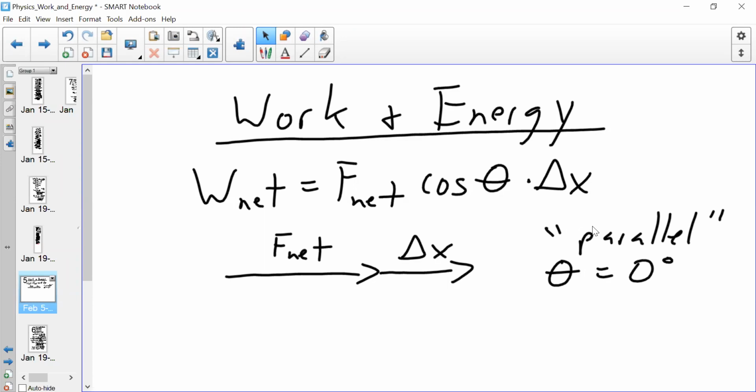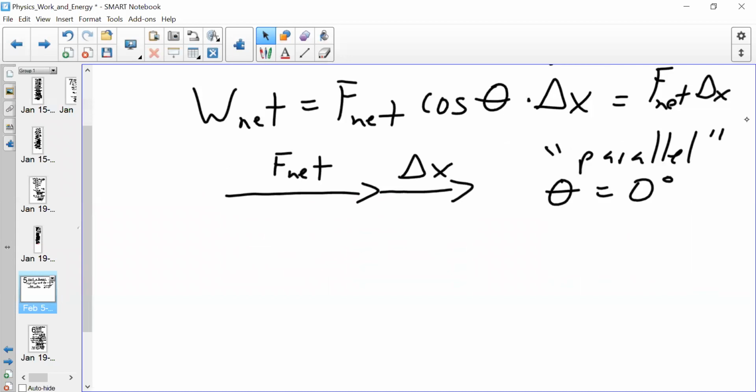So it really just reduces down to F net delta x in that situation, if theta is 0 degrees, as we mentioned. So cosine of 0 is just 1.